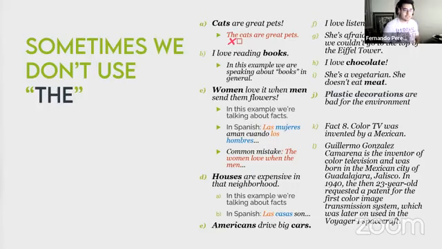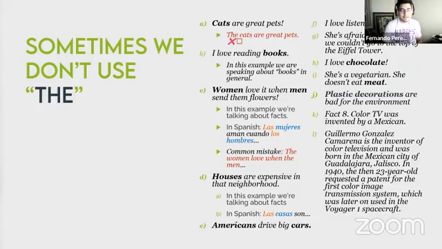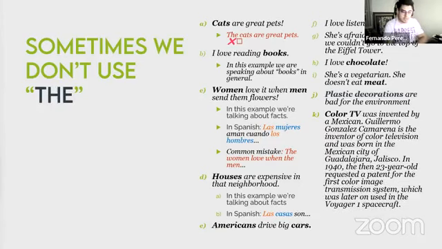Plastic decorations. And in the next example, we have: color TV was invented by a Mexican. Color TV, not the color TV. You see? So, do you have any questions about rule number 1?